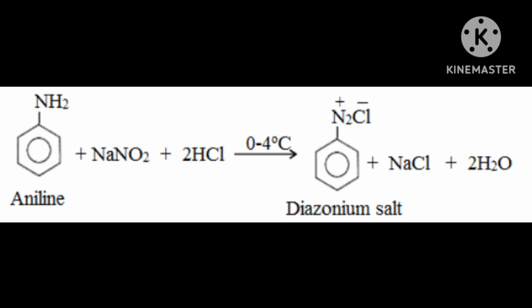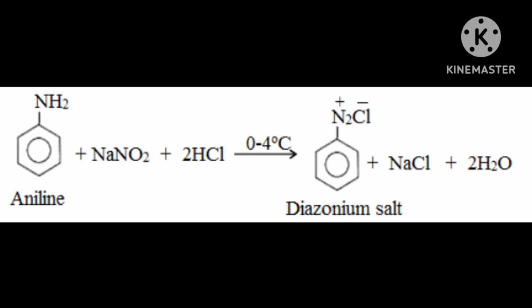Certain mild reducing agents like hypophosphorus acid, which is also called phosphinic acid, or ethanol, reduce the diazonium salt to arene and themselves get oxidized to phosphorus acid or acetaldehyde. Correct?